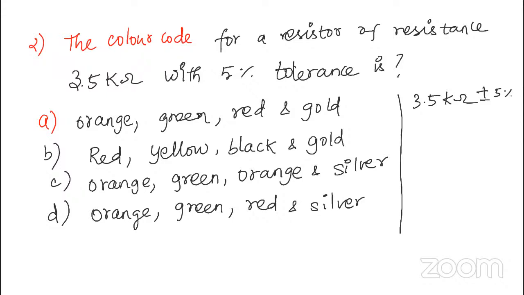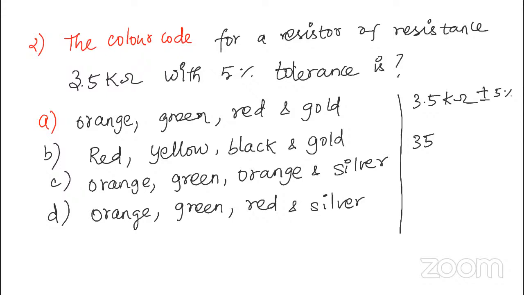So எப்படி it should be A. So 35. 3 it is orange, 5 it is green, and kilo ohms. Okay. 10 power 3. 10 power 3 க்கு என்னது? That is red.